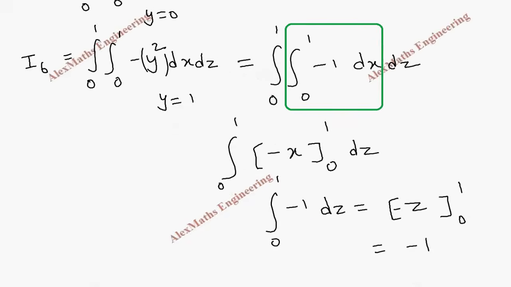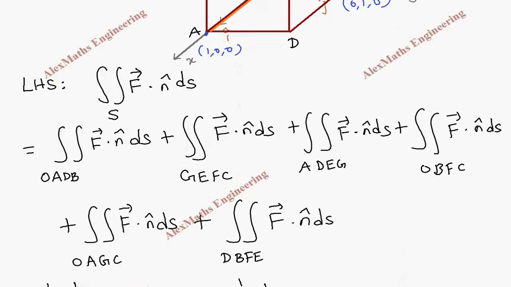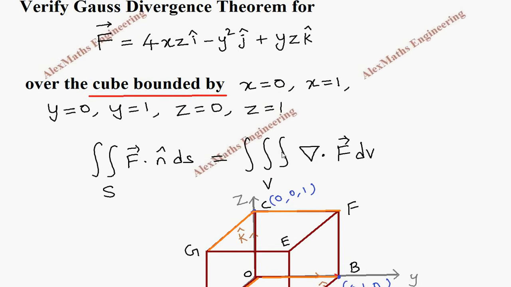Now we have to evaluate the right hand side of the Gauss divergence theorem, that is triple integral over the volume del dot f vector dv. Let's write it here separately. RHS, which is triple integral over the volume del dot f vector dv.